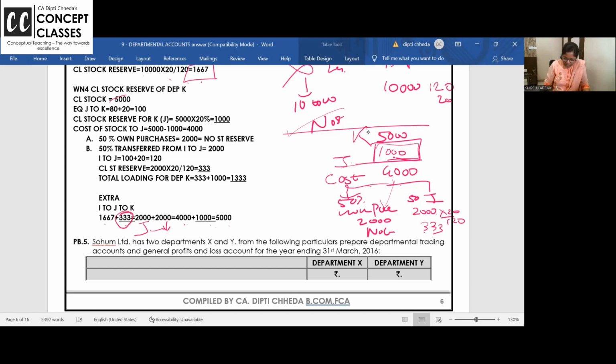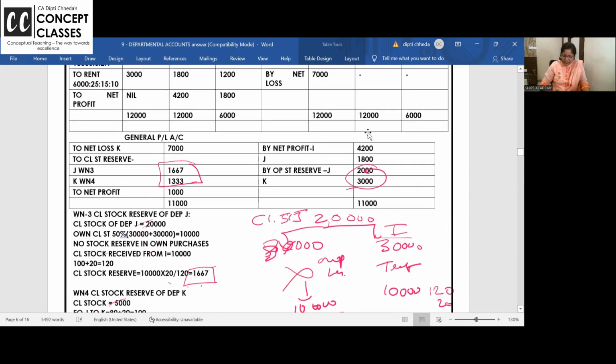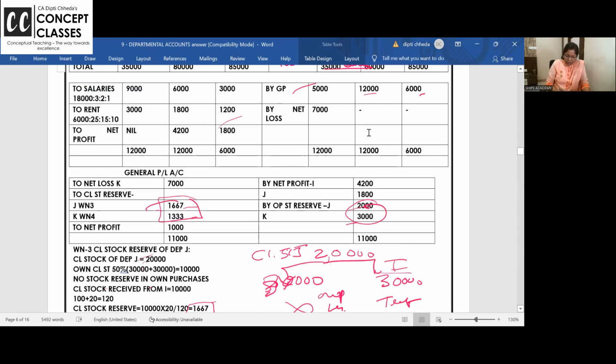What is the loading? J to K 1,000. All clear to all of you, right? So this is how loading for K. 1,000 तो easy है, J to K. 333 is I to J and in that J to K. So double loading हो गया.